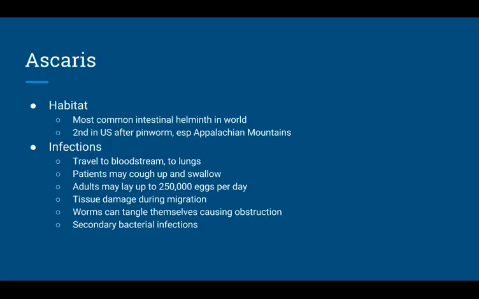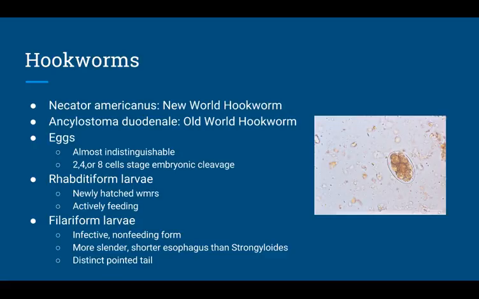And there are some really horrible pictures of how these worms can tangle up in the intestines, especially if you want to Google that. They can migrate to the lungs to cause pneumonia. Secondary infections can occur at the site of penetration, where the site becomes infected.